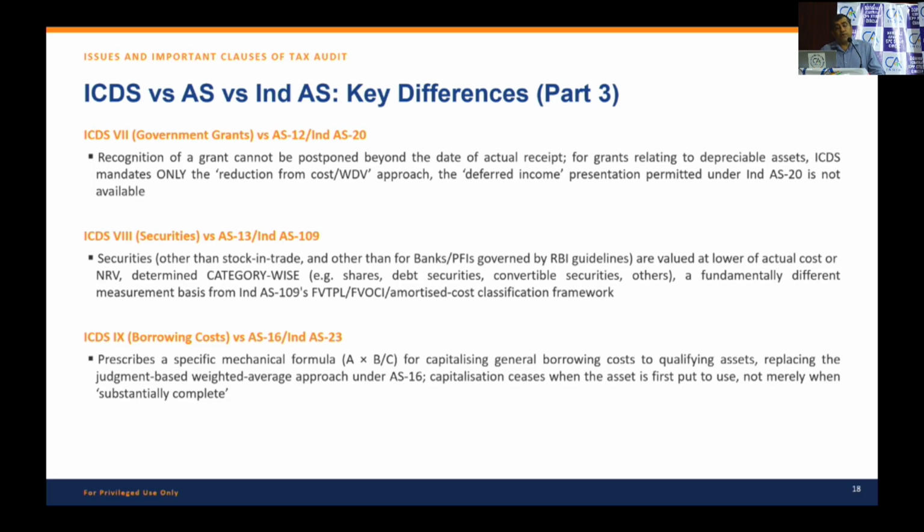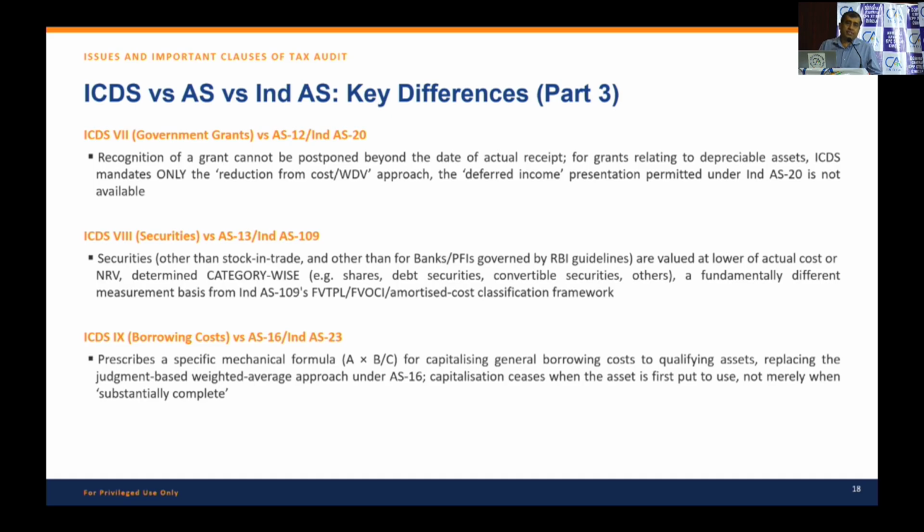ICDS 8 securities versus AS 13 or Ind AS 9. Ind AS 9 has fair value through PNL, OCI, all those things, whereas ICDS does not permit all those things.